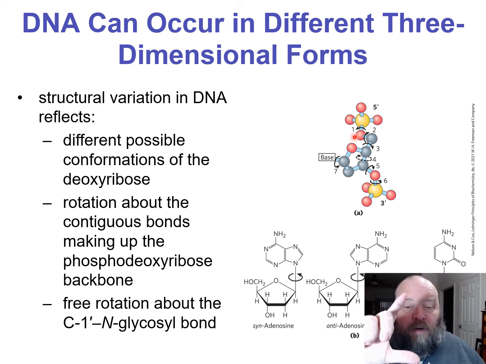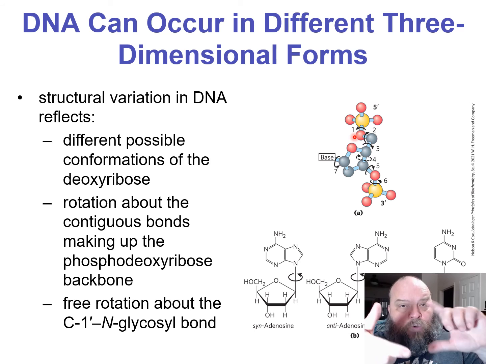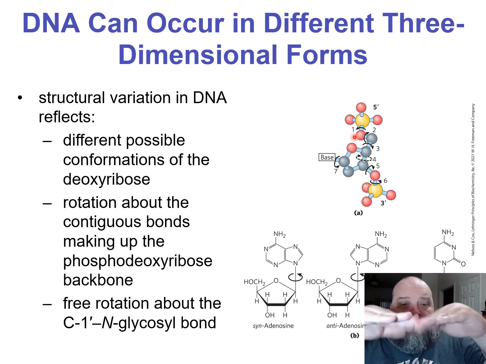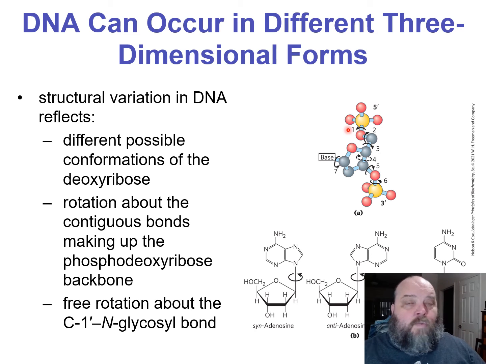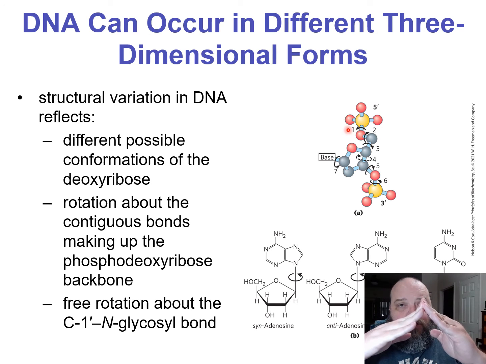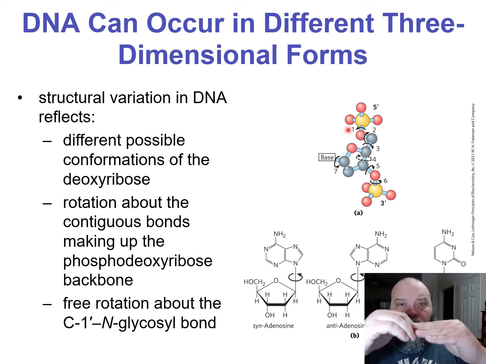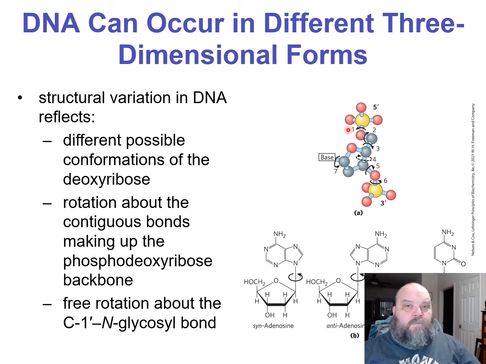Hydroxyl pointed up, hydroxyl pointed down, that type of stuff. As they're twisted around the chiral center, it means that the sugar itself is going to bend, twist, and tweak. And whether it's the 3' carbon going up, 3' endo, or the 2' going up, they call it 2' endo.